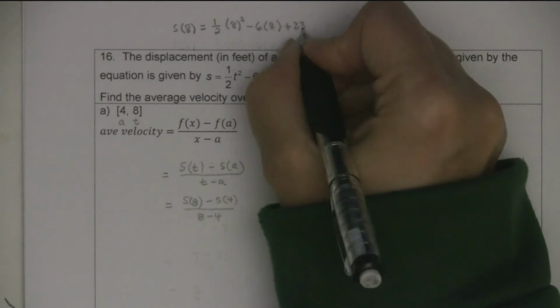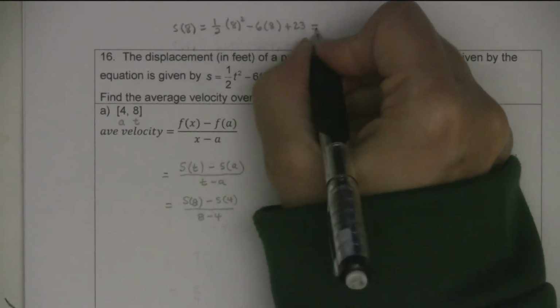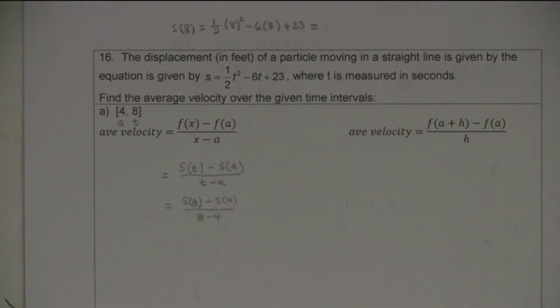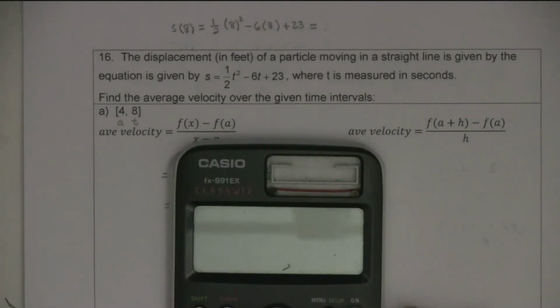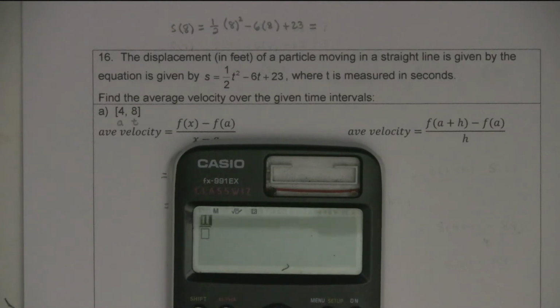So if you don't have your calculator out and you're not putting that in, if you're trying to read what I had from before, then I really think you're doing your notes the wrong way. You kind of want to work through these things yourself and not be a passive observer. And minus 6 times 8, and then plus 23, 7.